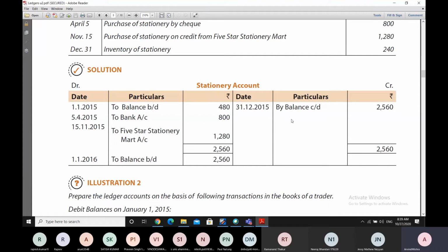So on 31/12/2015 we made a debit balance entry on the credit side of the stationery account by writing by balance carried down 2,560, and this will go to the next year on the debit side as to balance brought down 2,560.